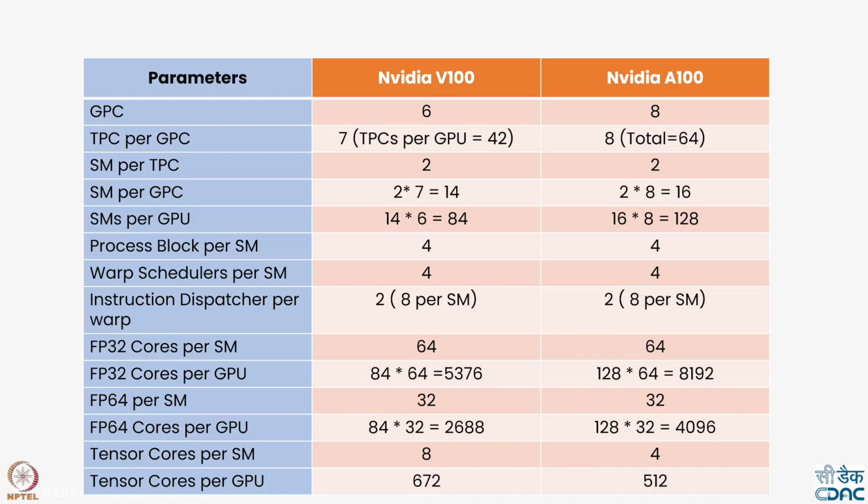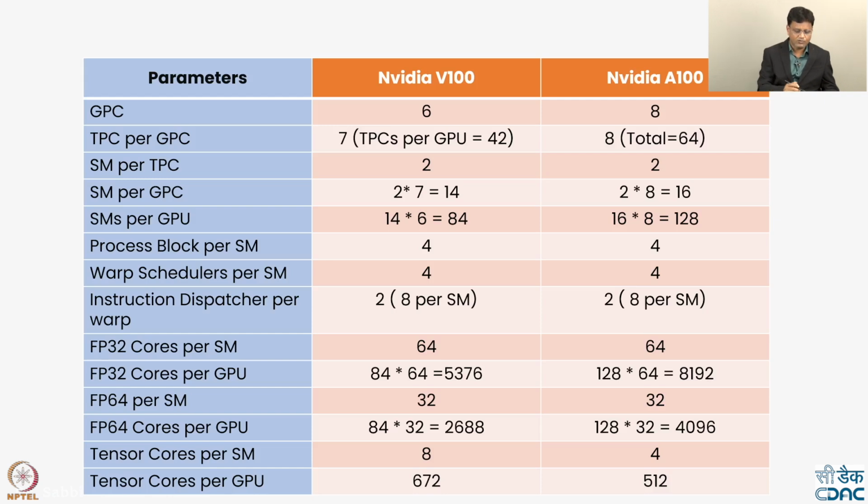Here I will consider two GPUs from NVIDIA, because as I mentioned earlier my focus will be more on NVIDIA's GPUs. You can see that I have taken the two GPUs, NVIDIA V100 and A100, and I have listed all the parameters I have discussed here.